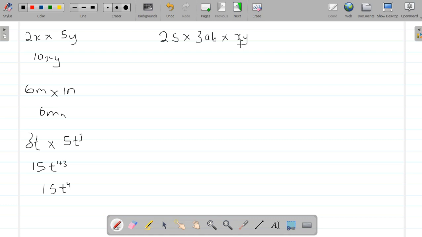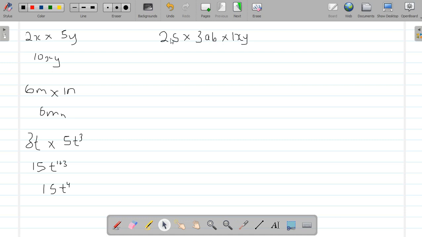The rule still holds. We've not changed any rule here. The rule is saying that we multiply the coefficients of the variables, and as we all know, the coefficient of this variable here is 1. If it is not written, that is what you should see. So there is a coefficient of 2 to the variable s, a coefficient of 3 to the variable ab, and a coefficient of 1 to the variable xy.